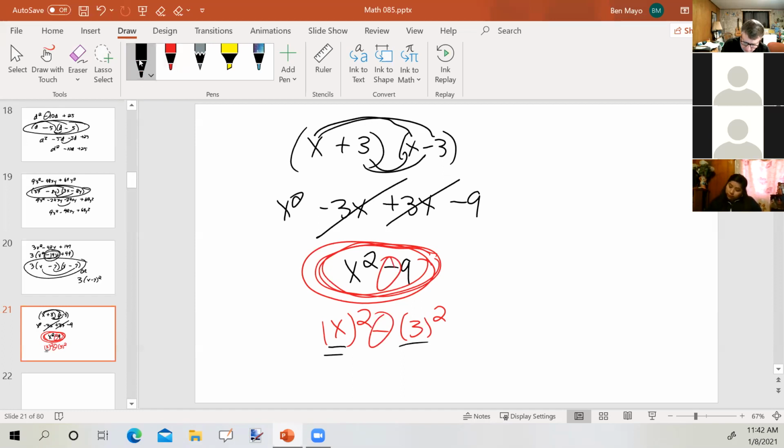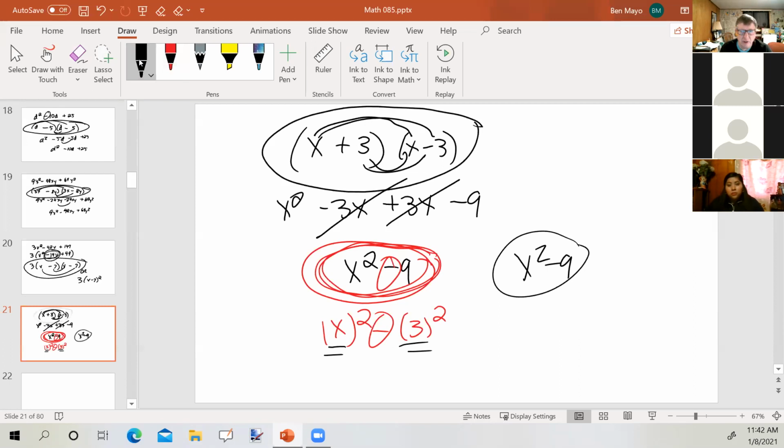This is a square and this is a square. x squared minus 3 squared. So x squared minus 9 is the difference of two squares. Where did that come from? Multiplying together a conjugate pair, a sum of two numbers times the difference of the same two numbers in the same order. Let's look at a couple more examples of that.